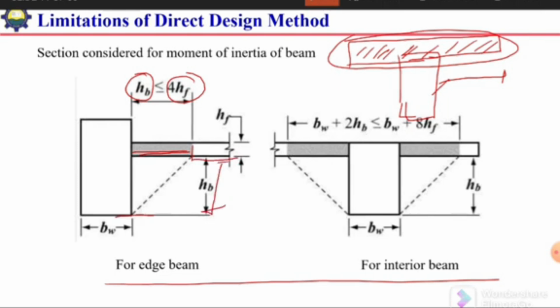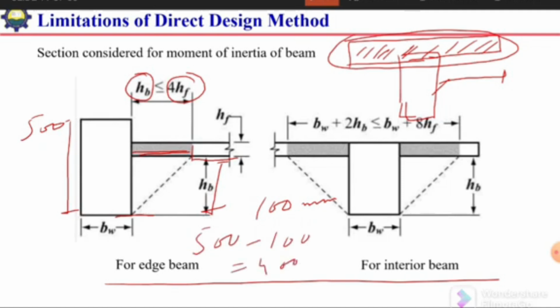For example, if the overall depth of the beam is 500 millimeter and the thickness of the slab is 100 millimeter, then HB will become 500 minus 100, 400. So this is HB.